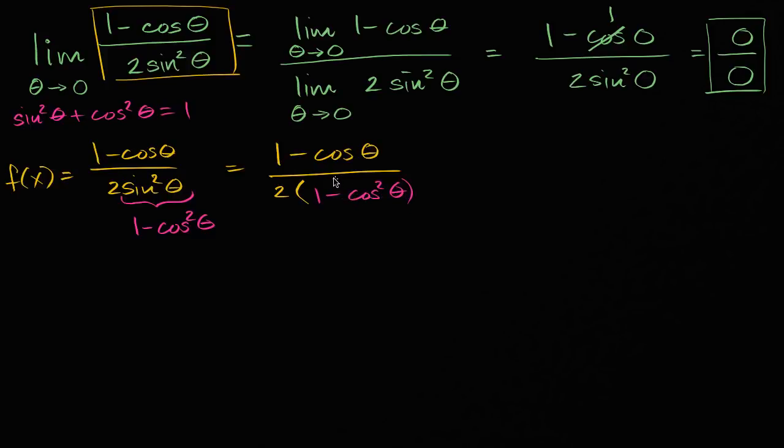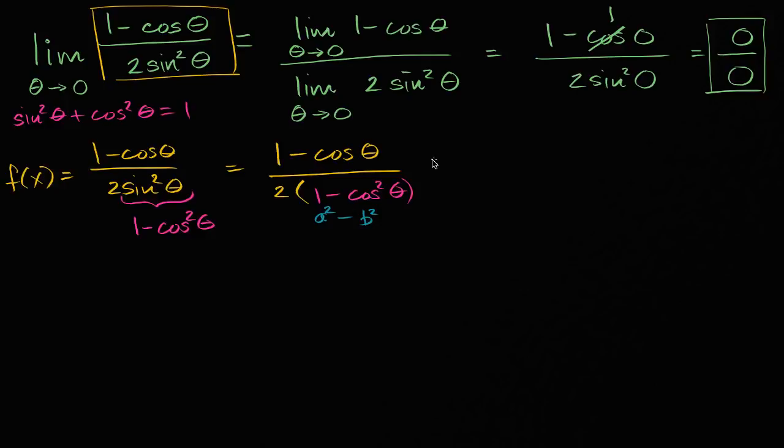So it's not completely obvious yet how you can simplify it until you realize that this could be viewed as a difference of squares. If you view this as a squared minus b squared, we know that this can be factored as (a plus b) times (a minus b).